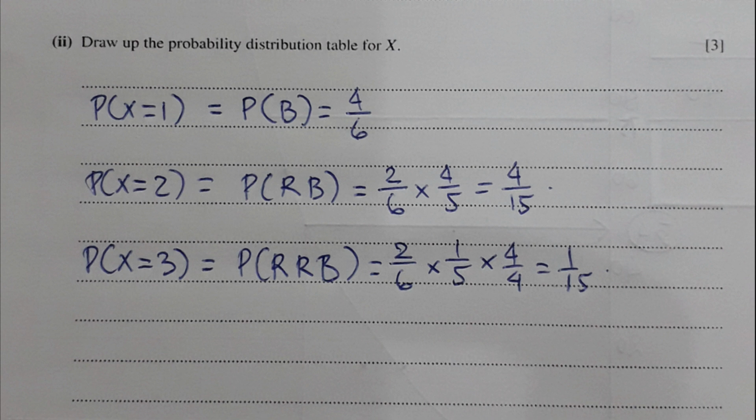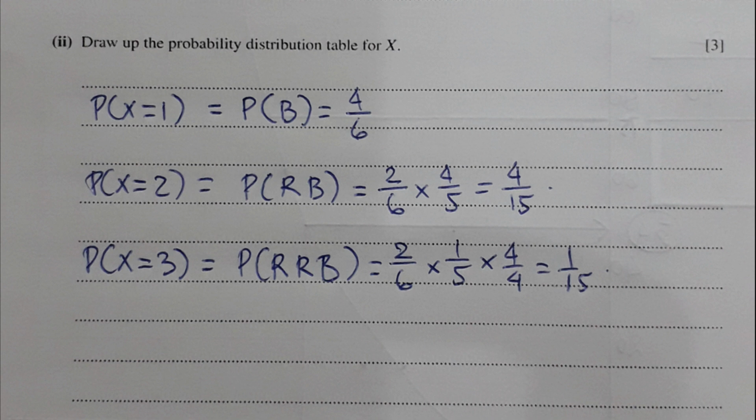And then P(X = 2) means that the first disc is red and the second is blue. It's equal to 4 over 15. And then we know already from the previous question that P(X = 3) is equal to 1 over 15.